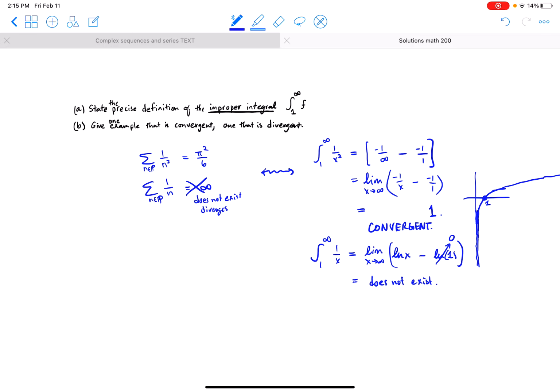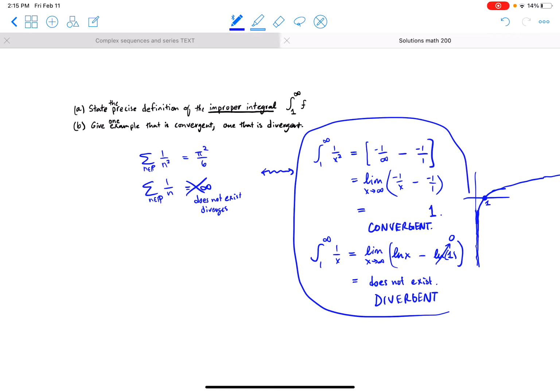Okay, now let's state the precise definition of this improper integral. So here was b. I just gave an example of a convergent and divergent. Now let's do a.